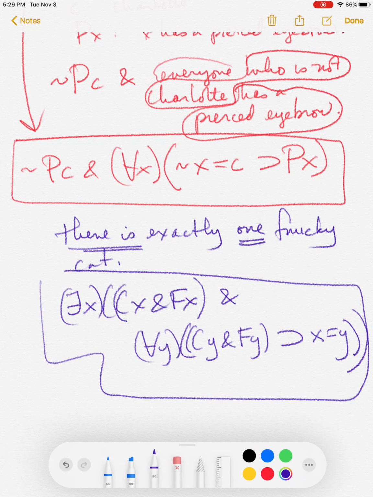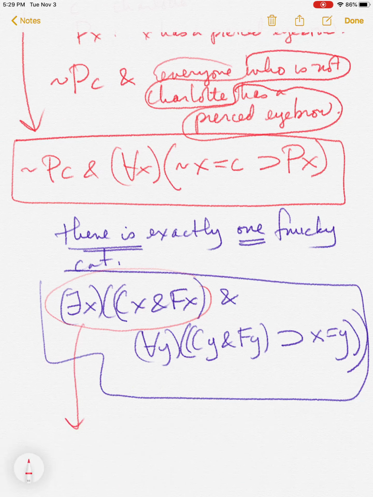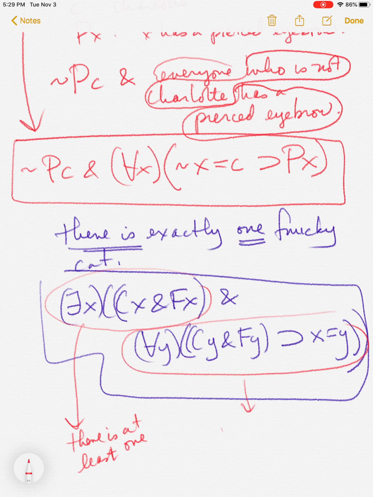This part here says there's at least one. So think about what we mean when we say there's exactly one. We need to say there's at least one. And what this says is it's the only one.